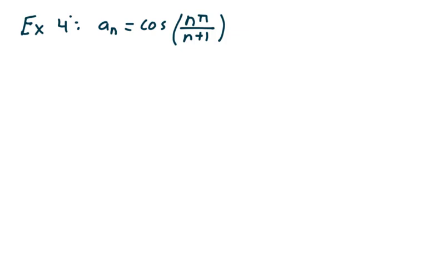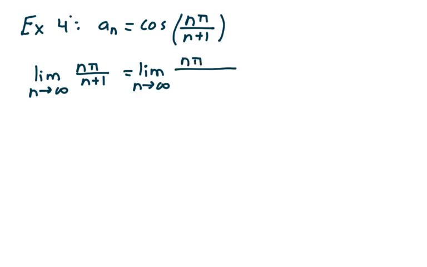Now, if I take the limit as n goes to infinity of n pi divided by n plus 1, that's the limit as n goes to infinity of n pi in the numerator. In the denominator, I'm going to factor out the n, and in parentheses, I get 1 plus 1 over n. Notice how the n's cancel. And as n goes to infinity, 1 over n is going to go to 0, and then we're going to get pi on top.